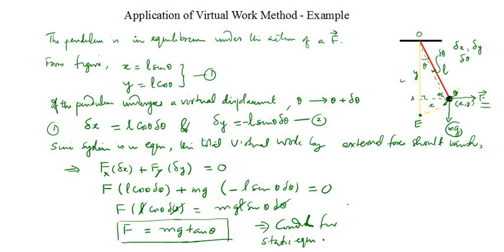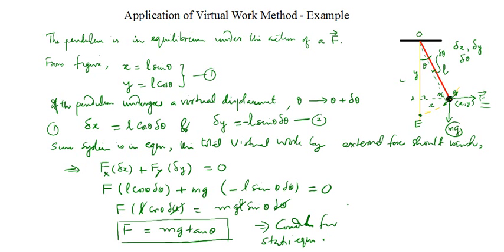Okay, it means that if we are able to provide a horizontal force of magnitude F equal to weight mg times what? Tan of the angle of inclination theta, angle of the pendulum theta with the vertical, then you can maintain the bob at that angle statically.